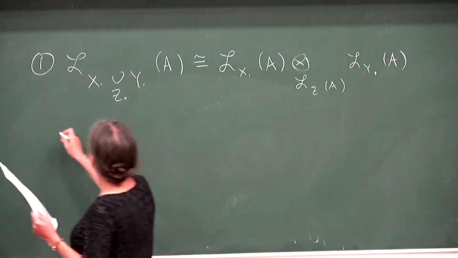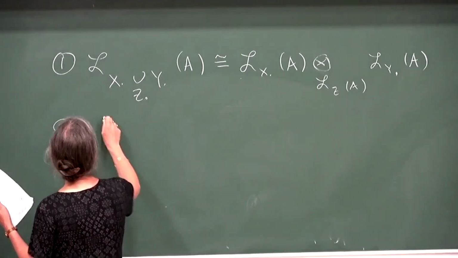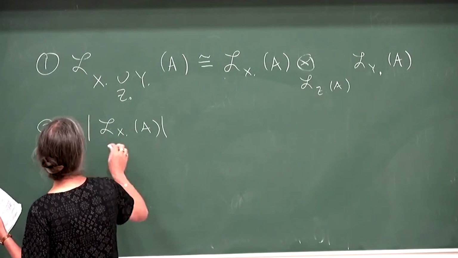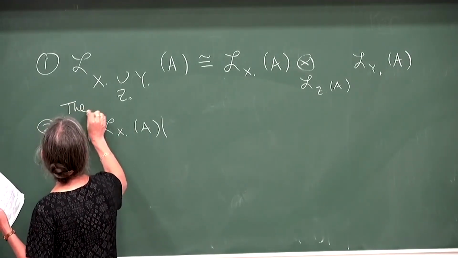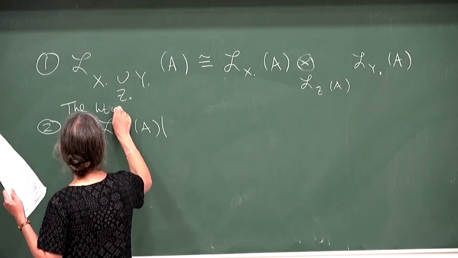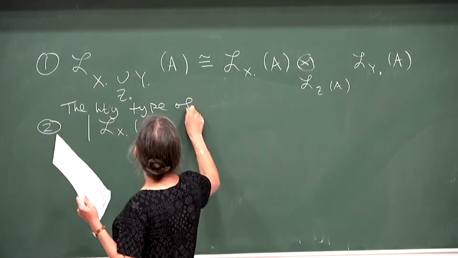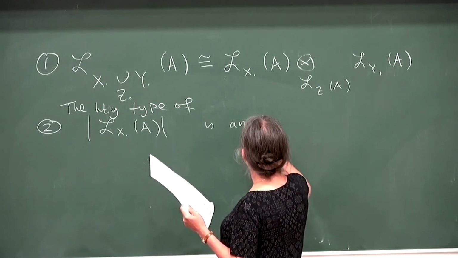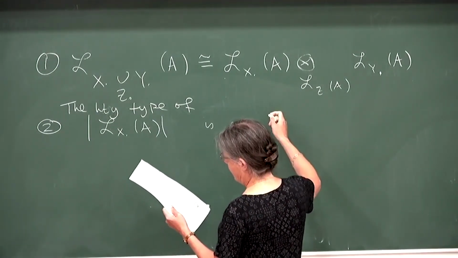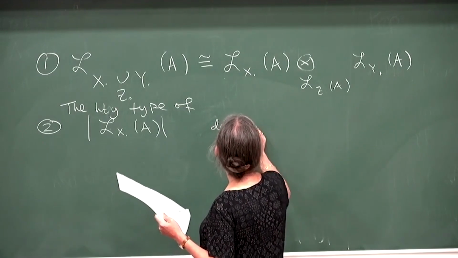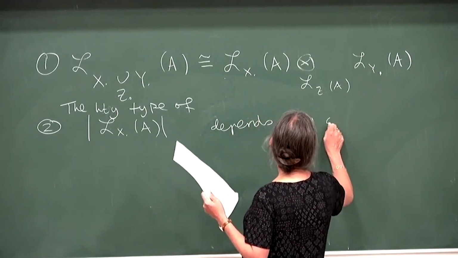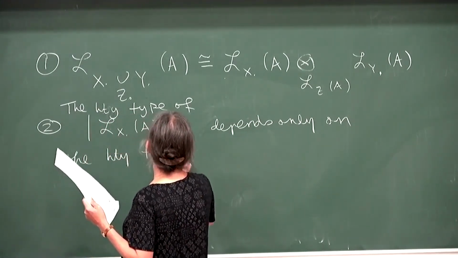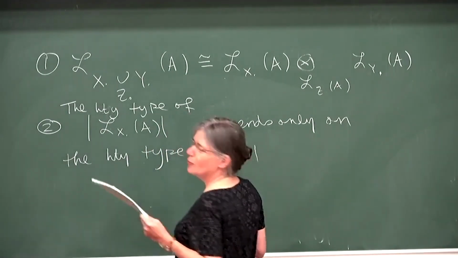The second one, which is less easy, says that the homotopy type of the realization of L_X A depends only on the homotopy type of X. And as Birgit said, it's even weaker.